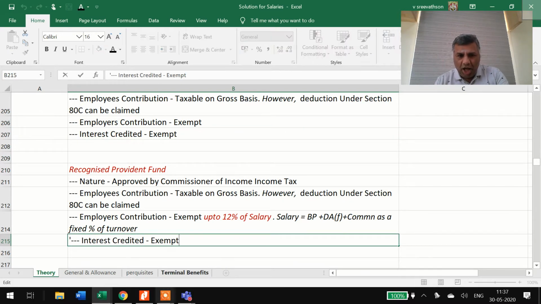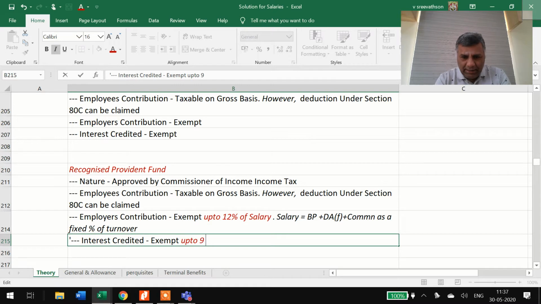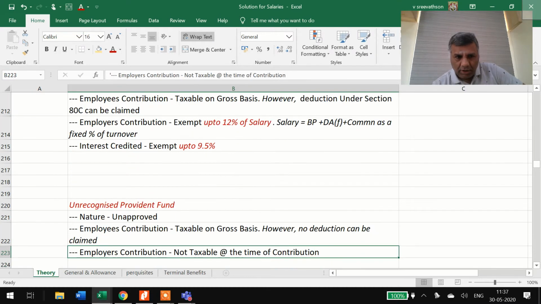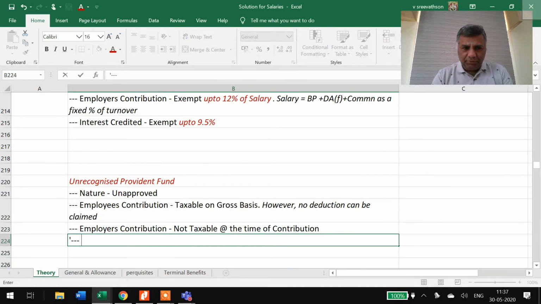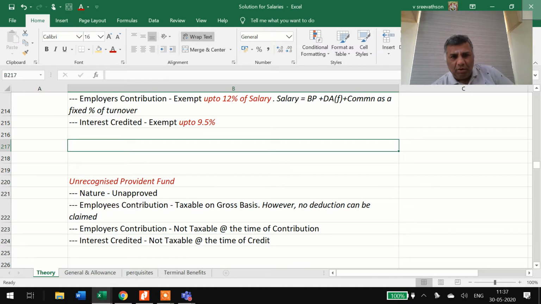For RPF, exempt up to 9.5%. For URPF, not taxable at the time of credit.